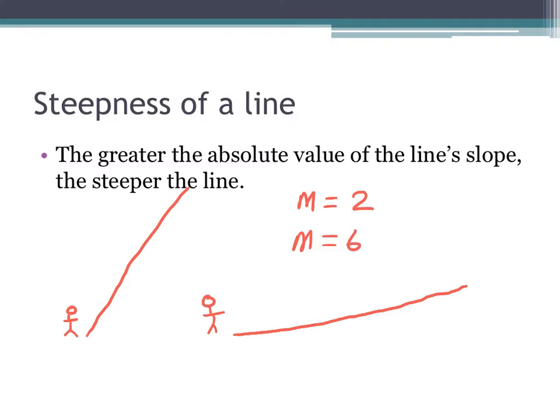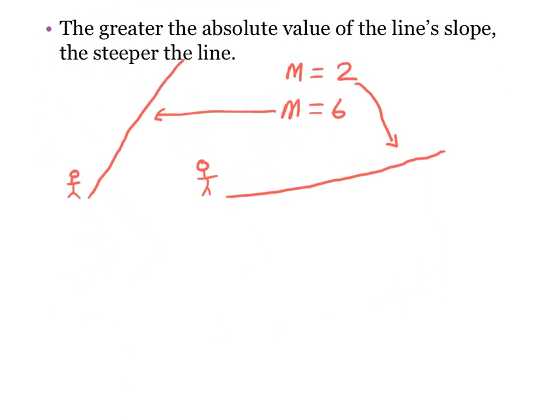If I had to put these somewhere, I would say that the one that's really steep, the one that is 6, is probably there, and the one that is not so steep is right there. I'm just making those numbers up. I'm just showing you that the lower the absolute value of the number, the less steep it will be. But that includes negative numbers too. Like if you imagine falling down this hill would be very steep.